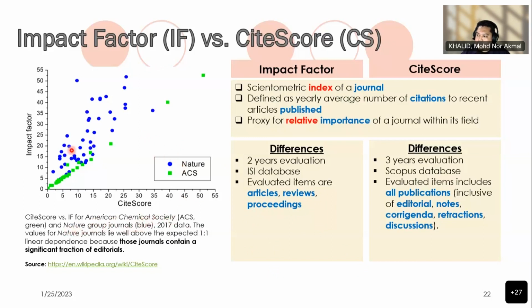You can see that Nature has a very high impact factor but a very low CiteScore because they have a lot of editorials compared to the American Chemical Society. You can see the American Chemical Society has a high impact factor and also a high CiteScore. So they are much more consistent. So it depends on what the institution is inclined to use as the bibliometric index.